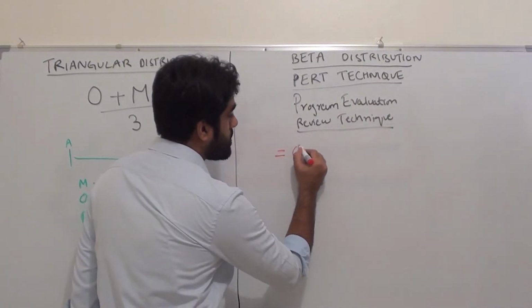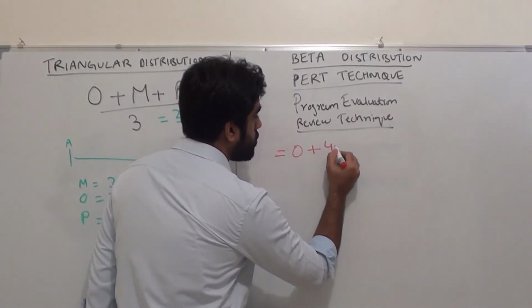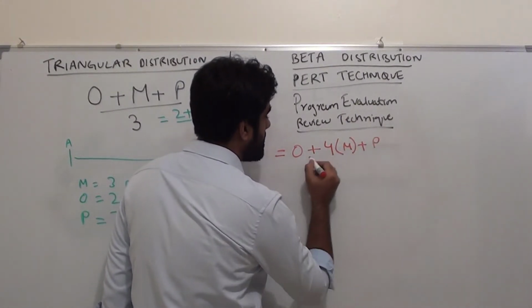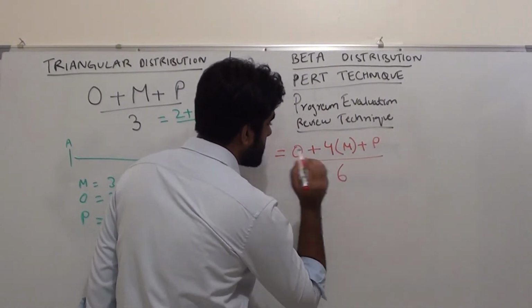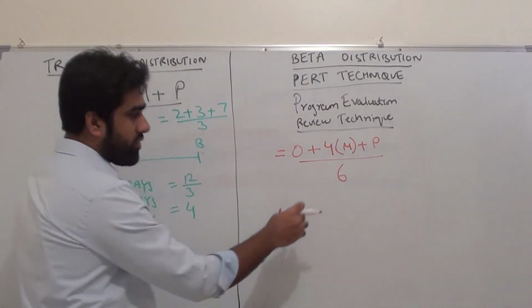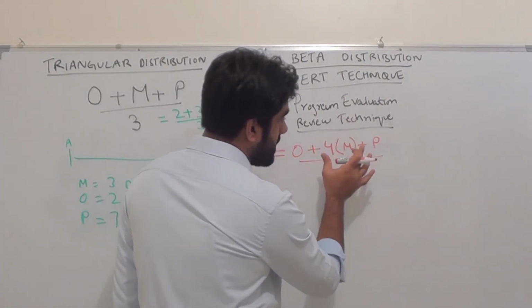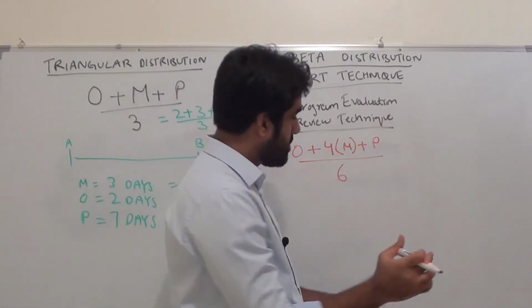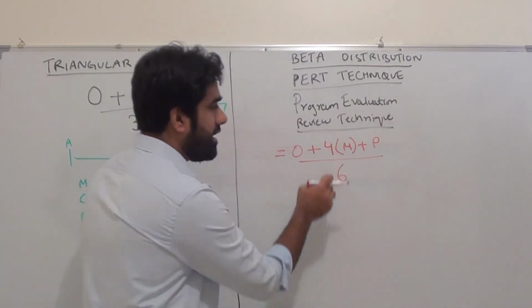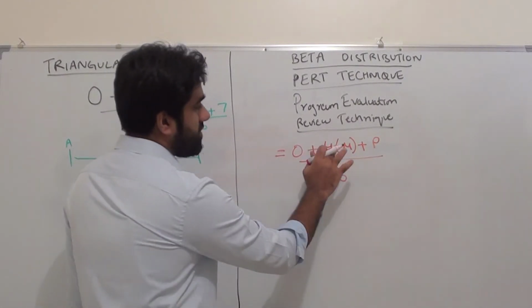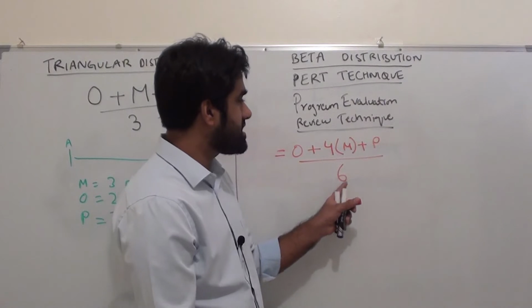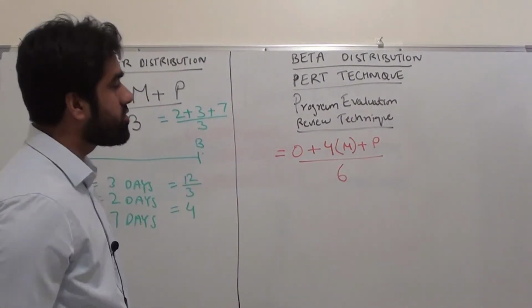So this becomes optimistic plus 4 into most likely plus pessimistic, divided by 6. So what we are doing is dividing these three parameters into 6 different boxes, but 4 boxes are going to most likely, and we divide by 6 because 4 times is going with most likely.